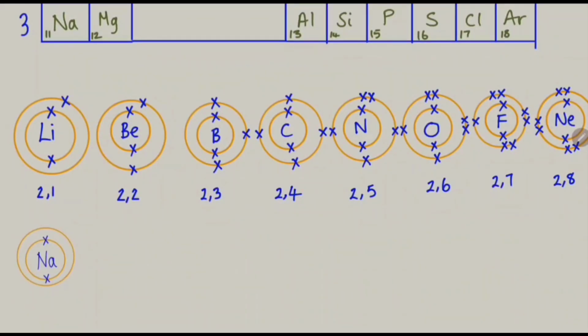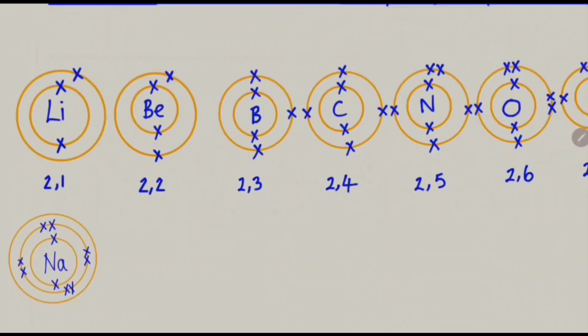So I'm going to have 1, 2, 3, 4, and now I start pairing 5, 6, 7, 8. Now it needs another electron, so this new electron will occupy a new energy level. So we'll put it there. Its electronic structure is 2, 8, 1.